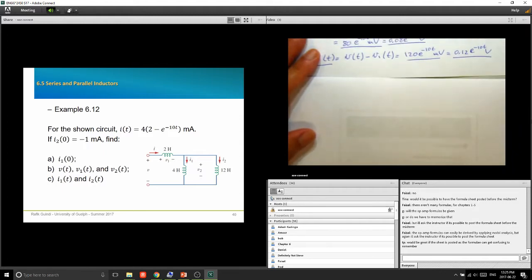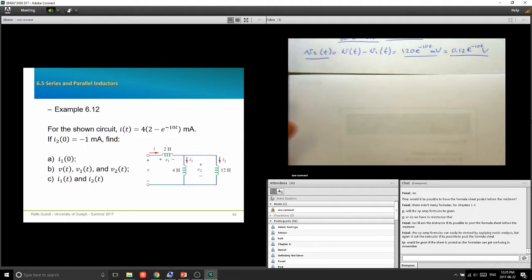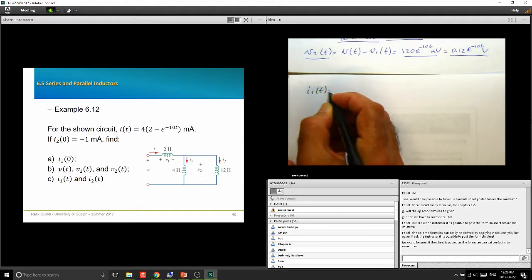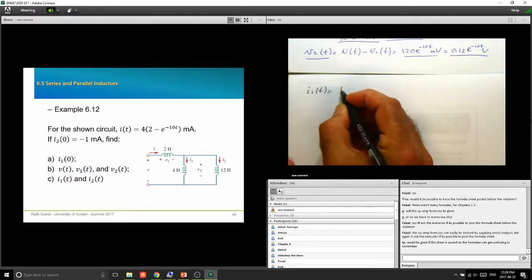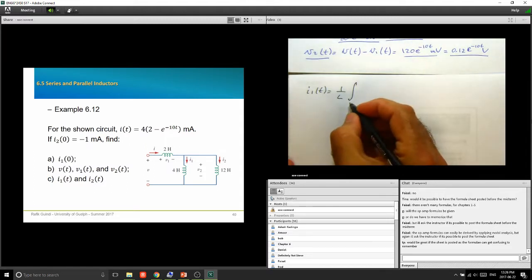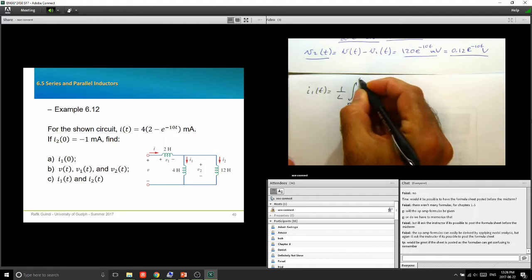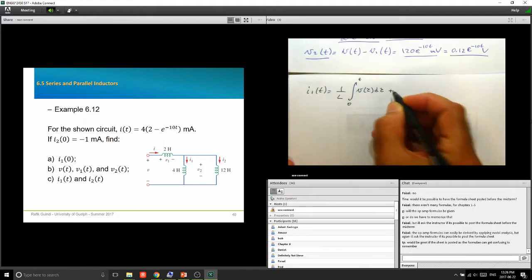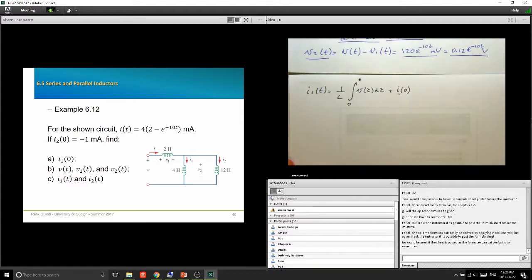So I have this value of V2 of t, okay? I want to find the current I1 of t equals 1 over L integral from 0 to t of v of tau d tau plus I1 of 0. Okay, remember that. That's the initial condition, the initial current.